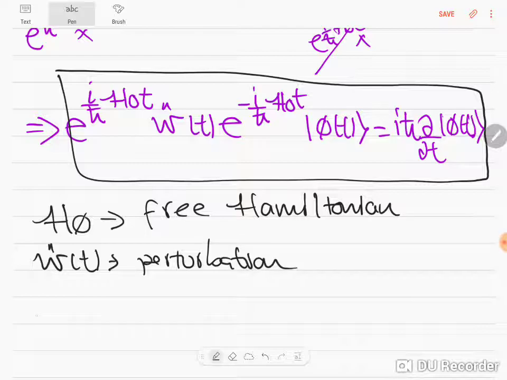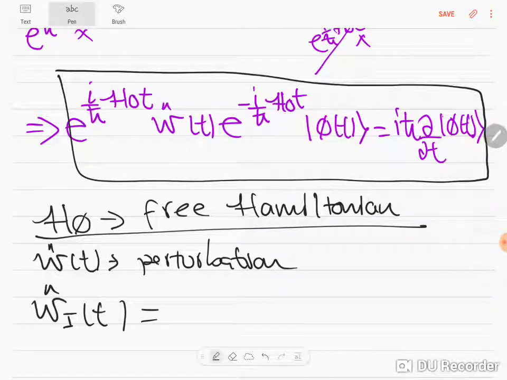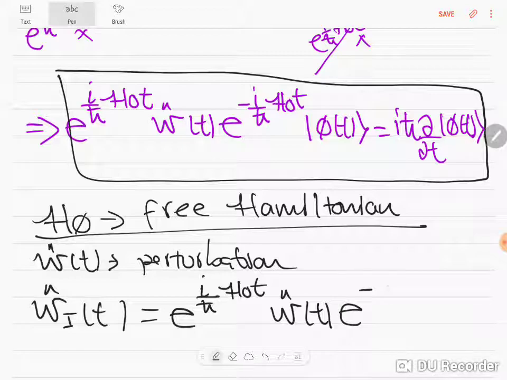Okay, so now W_I(t) is the perturbation in the interaction picture, and this is just a time evolution of this perturbation according to the free Hamiltonian. That's what that is. So we define that in this way: e^(i/ħ H0 t) times W(t), which is in the Heisenberg representation, times e^(-i/ħ H0 t).